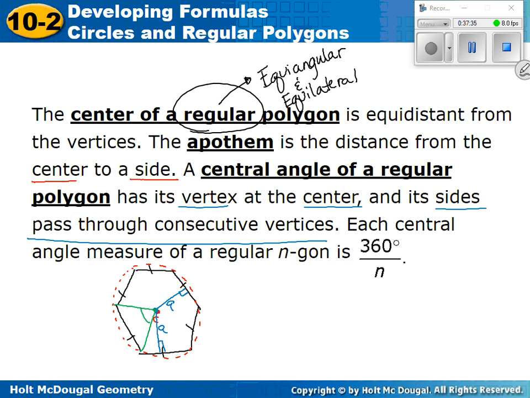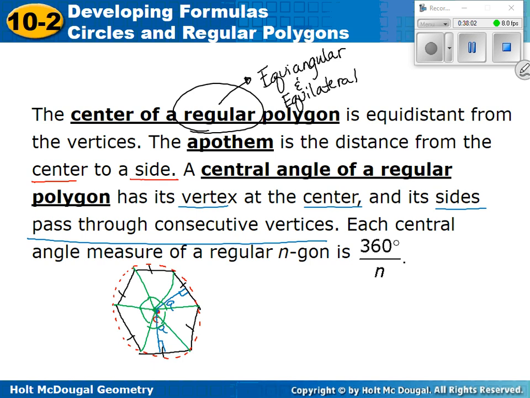This angle is a central angle. If this has 6 sides, how many central angles can I make? How many? 6. Are you guys seeing all 6 of those? So 1, 2, 3, 4, 5, 6. How many triangles did I just make?